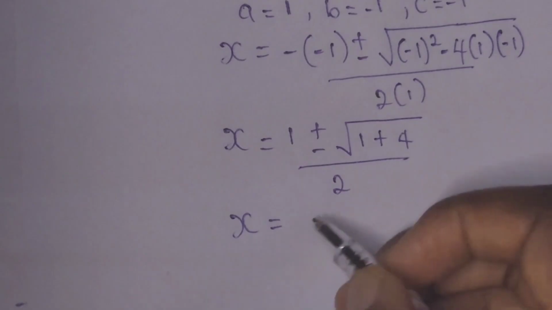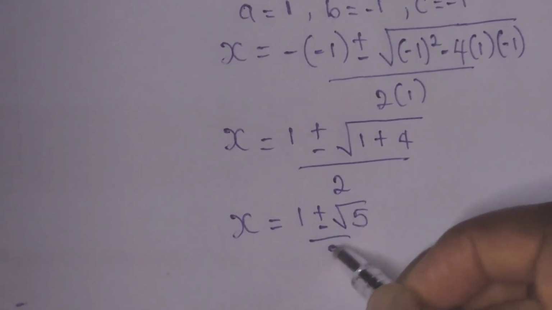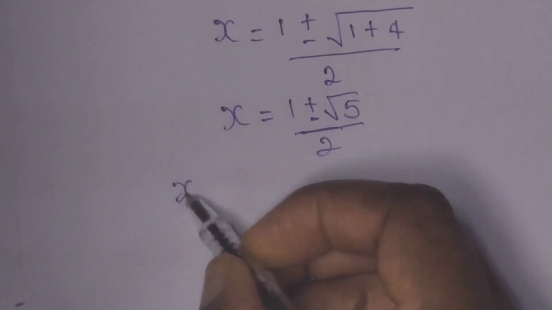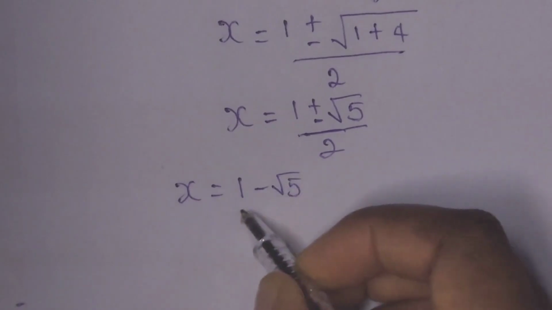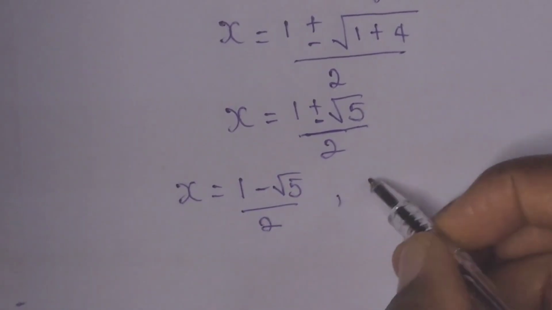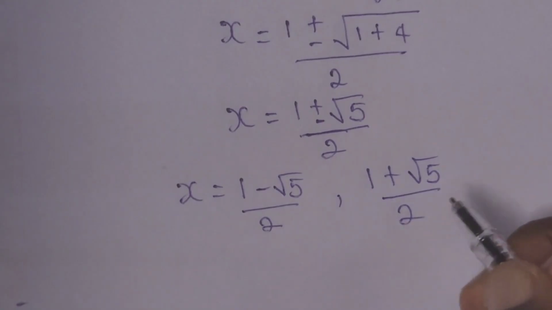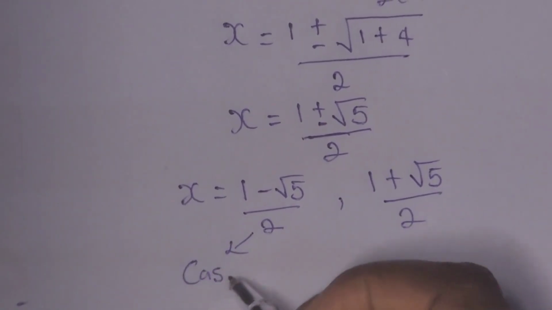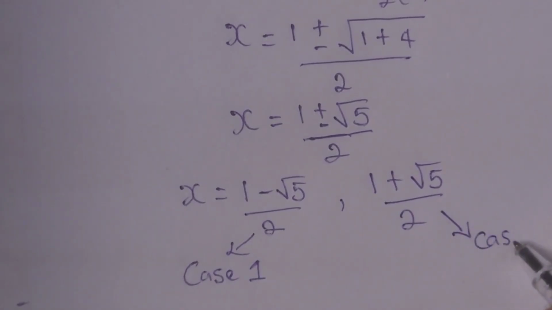So our x is equal to 1 plus or minus root 5 over 2. So it simply means that x is equal to 1 minus root 5 over 2 and 1 plus root 5 over 2. So this is case 1 and this is case 2.